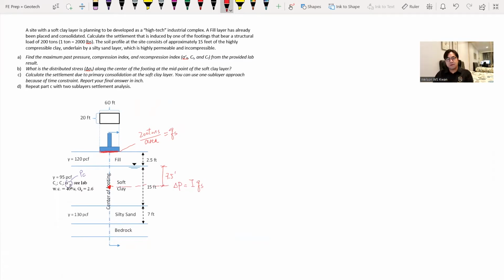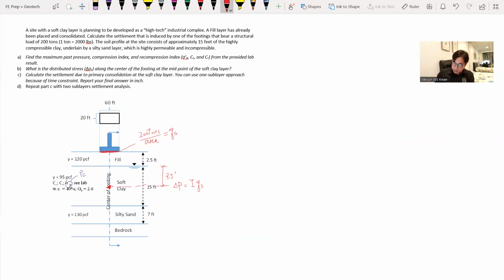And there are different methods, like the 2-to-1 method, the Navy DM 7.1 method, and also the Newmark method to find this I value. At the FE level, because of the time constraint and the length of the multiple choice problems, many times it is restricted. So this I value very likely will be given.